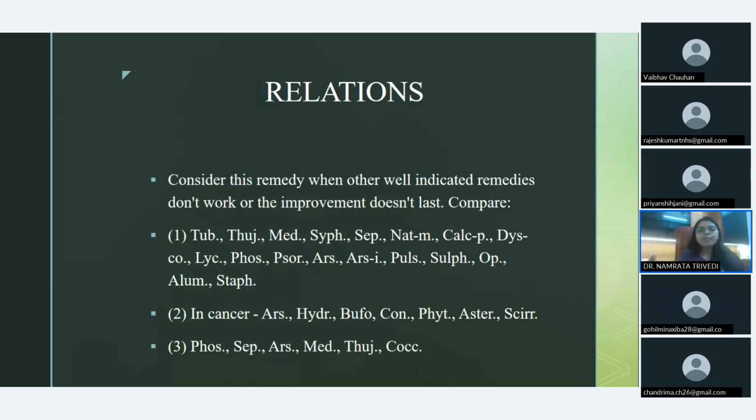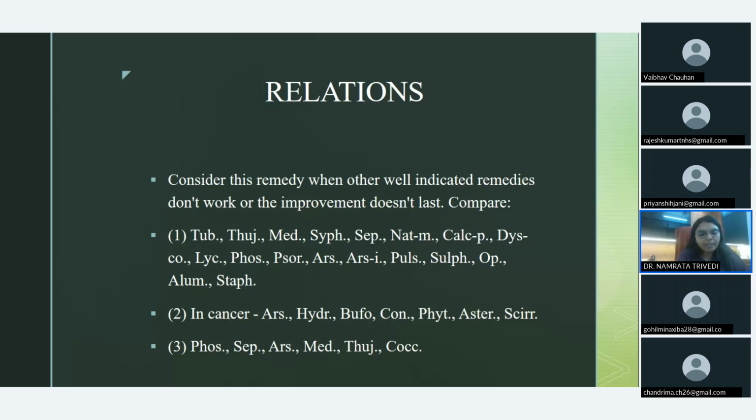It can be compared with tuberculinum, thuja, medorrhinum, syphilinum, sepia, natrum mur, calcarea phos, dyscrasia, lycopodium, phosphorus, arsenic iodatum, pulsatilla, sulphur, opium, illuminatum, and staphysagria.